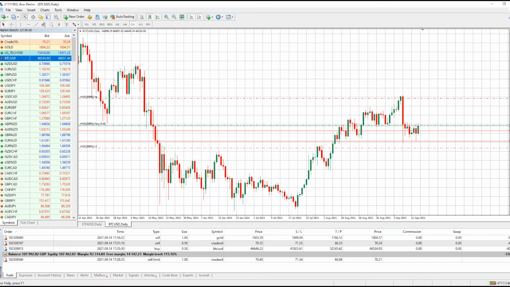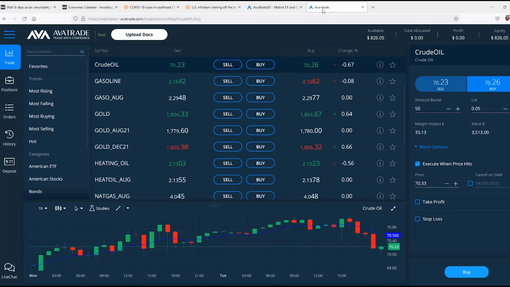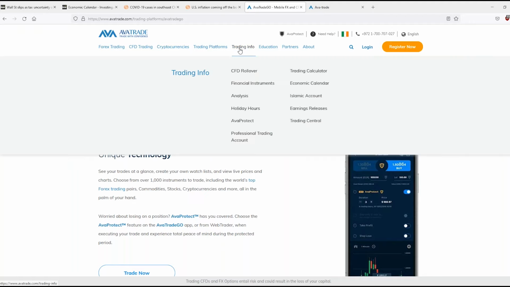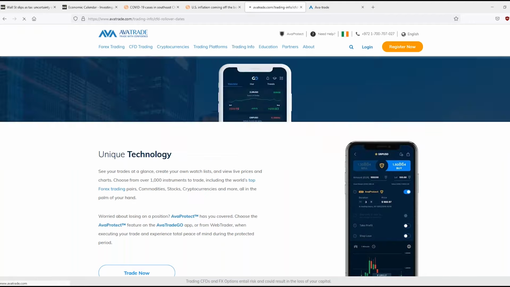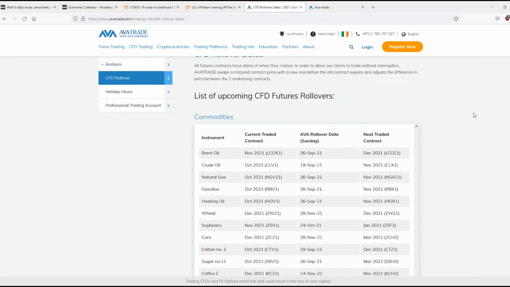There's a question about rollovers. I can quickly show you where to find rollover information on our website. So if we go to our main website, we go to trading info, go to CFD rollovers, and you see any instrument traded on what we call futures contracts, then those contracts, in order for the instrument to be tradable past the end of that contract date, the futures contract needs to be rolled over to a new futures contract.